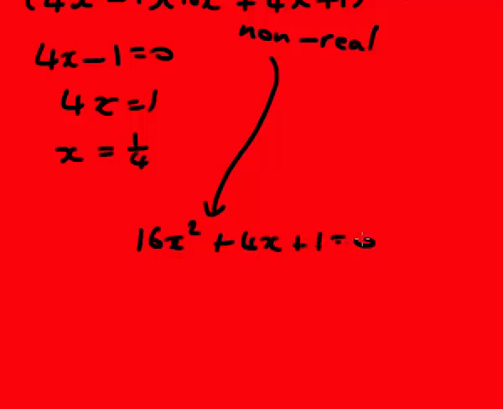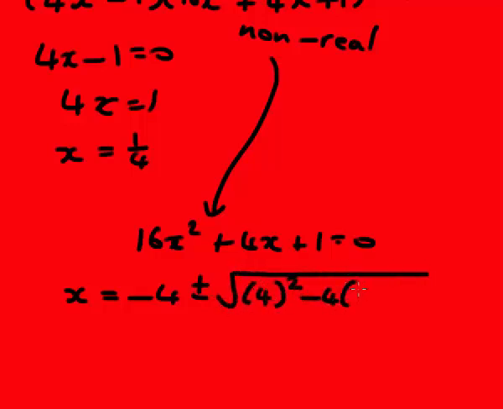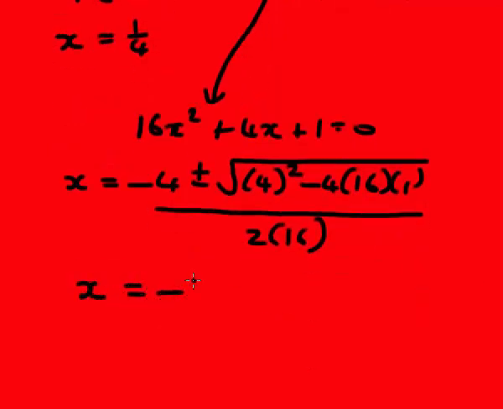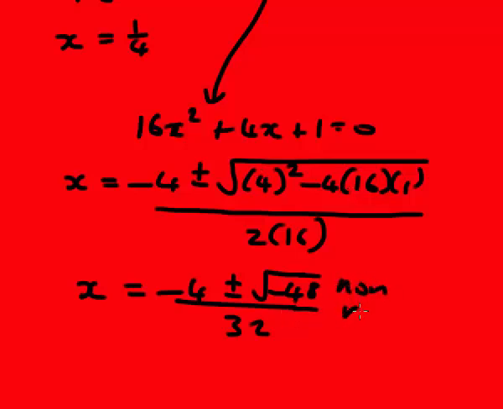Let's see if it does work this way. x is minus b plus or minus the square root of b squared minus 4ac, all over 2a. That will come to negative 4 plus or minus the square root of 16 minus 64, which is negative 48. Well, there it is, non-real. You can see it's not going to work.